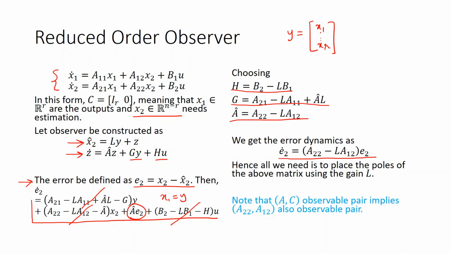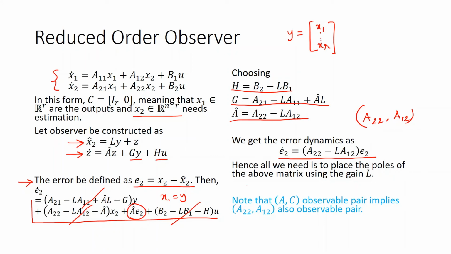So in place of A now you have A22, and in place of C you have A12. So if the A22, A12 pair is observable, then you would be able to select your L as per the previous procedure by going to the dual system.